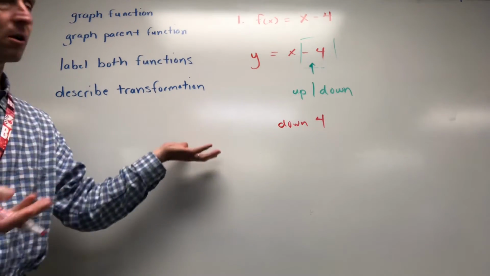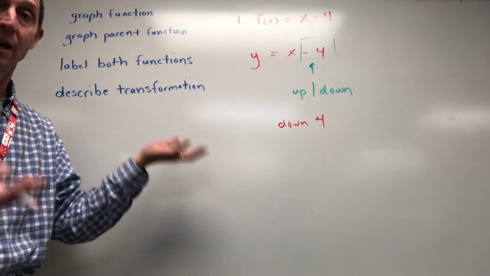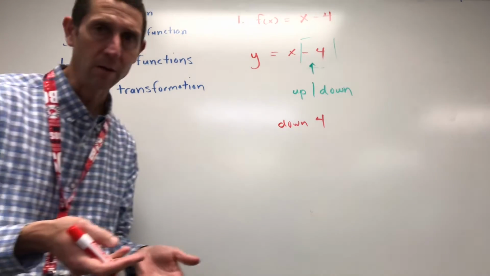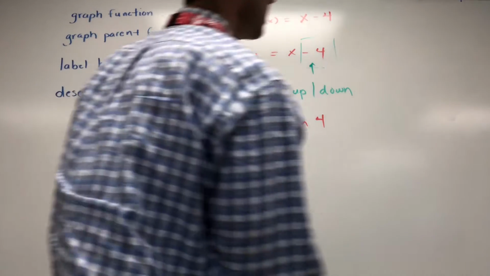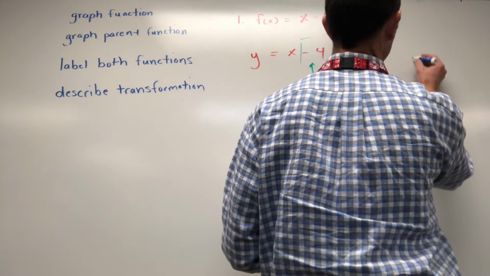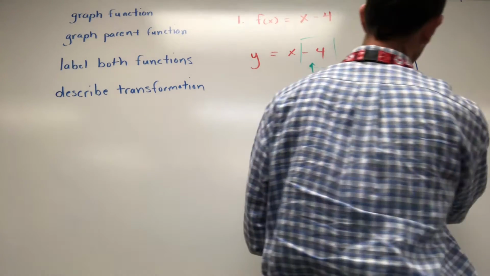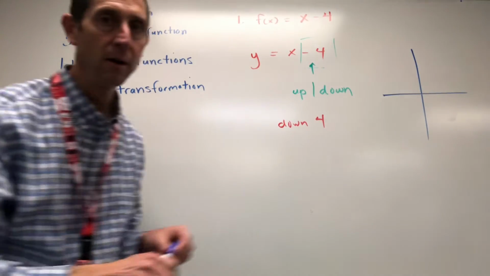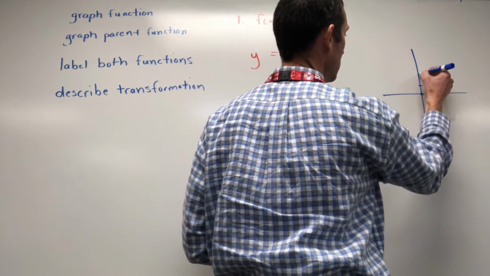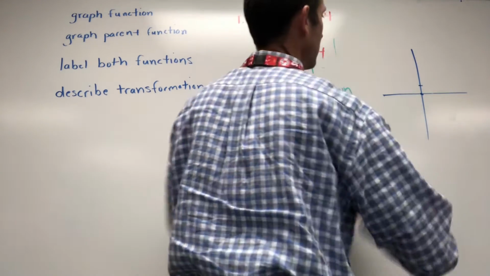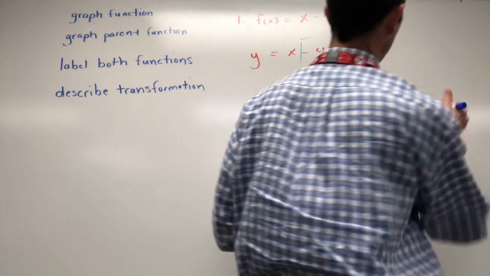So we're going to draw a quick graph of this and its parent function. Let's see what it'll look like. Maybe I can fit this down here. Can you see that? Awesome. So right here is 0, 0. Hold on just a second, let me draw a little straighter.